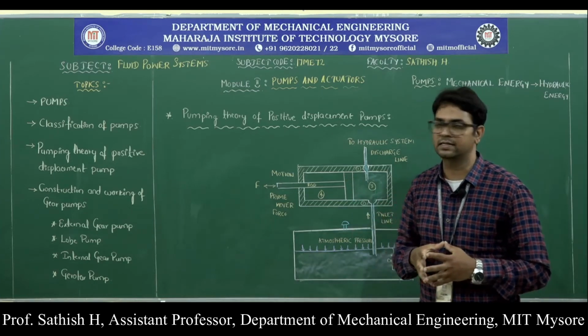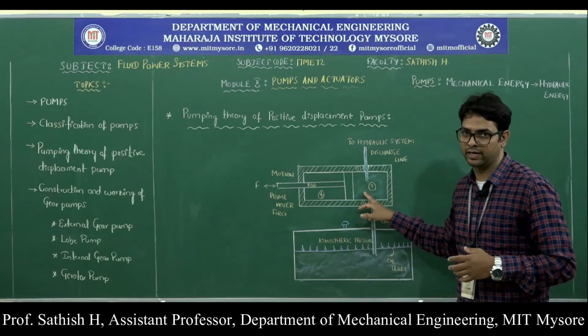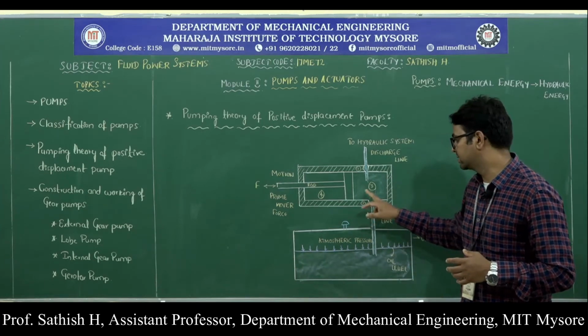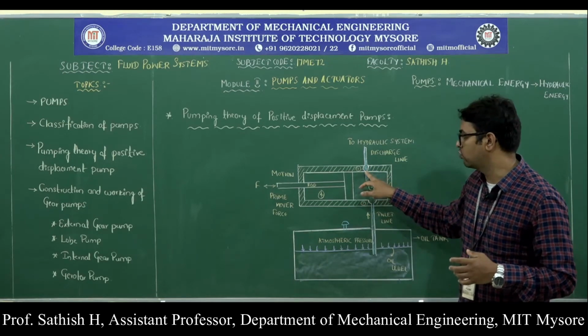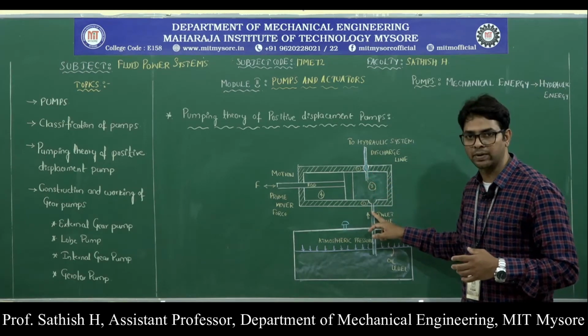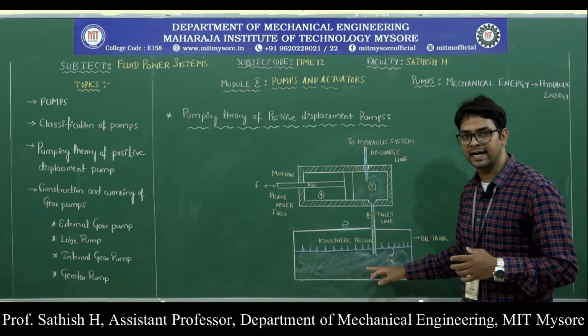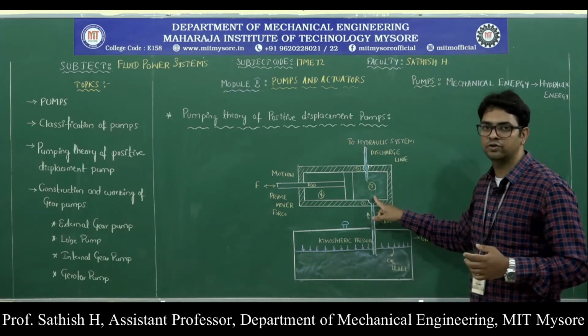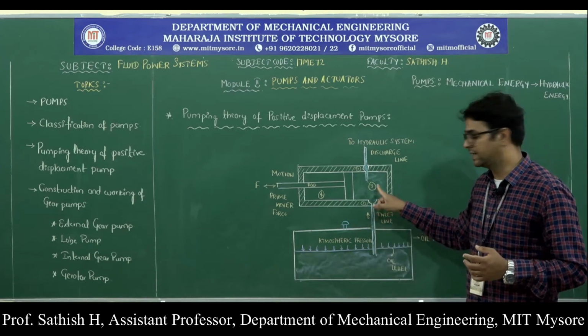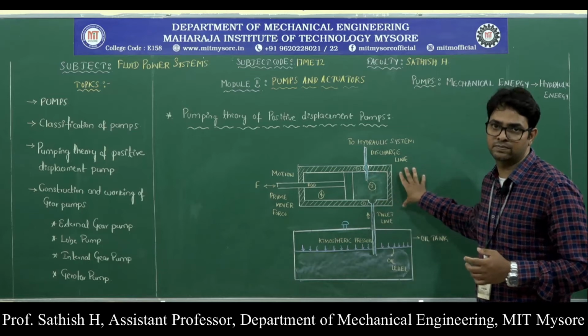When the volume increases, the pressure drops here, to less than atmospheric pressure. At that time this valve is closed and this valve is open. The fluid in the tank, due to the pressure difference, starts to lift and come to the inlet of the piston pump.